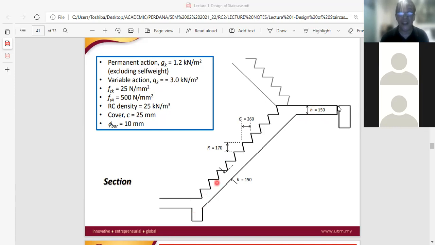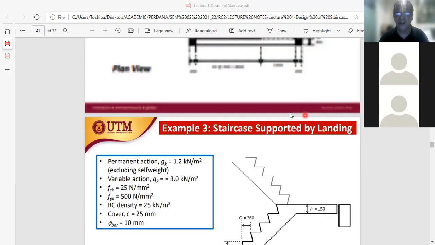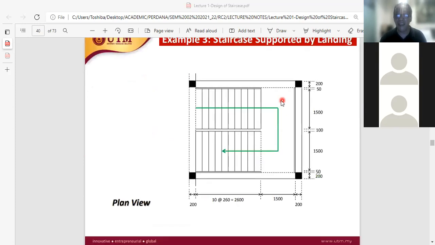Clearly only one support. And on the right hand side ni, from the plan view, okay, indicationnya ialah we have a beam, okay, on either side of the landing. Okay, sebelah kiri dengan sebelah kanan landing. This is our landing, sebelah sini. So on either side of the landing there is a beam, and the dotted line indicates that there's a connection, a direct connection between the landing dengan beam.